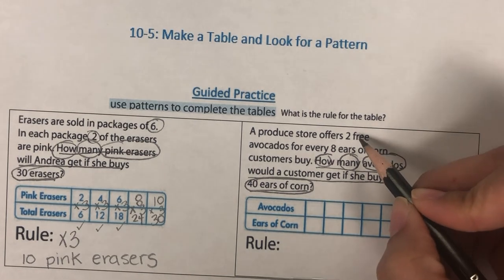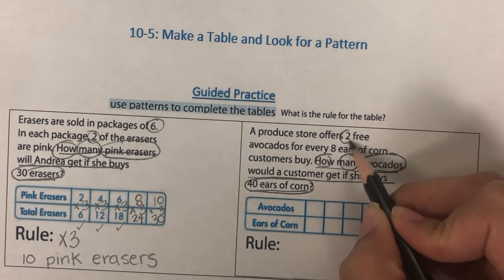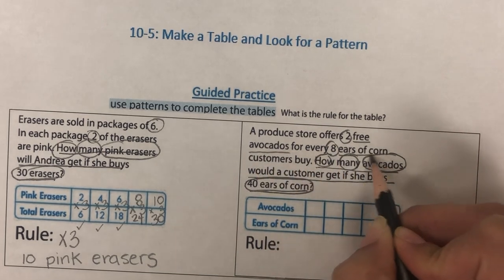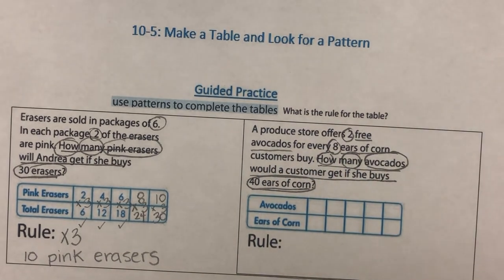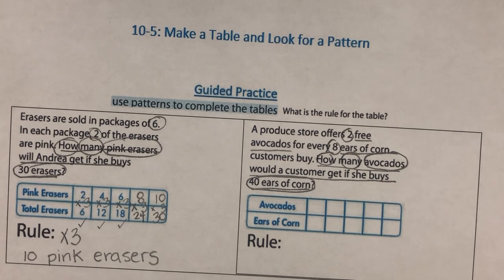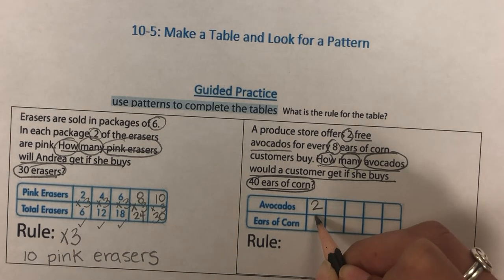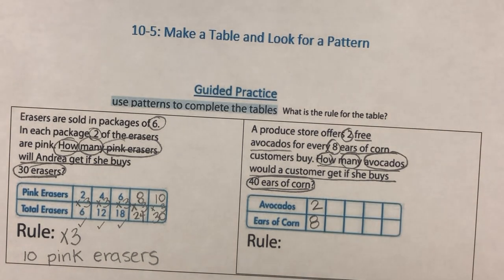Back to the top. The store gives away 2 free avocados for every 8 ears of corn. So here the first pair of numbers needs to be 2 avocados with 8 ears of corn. So 2 and 8.